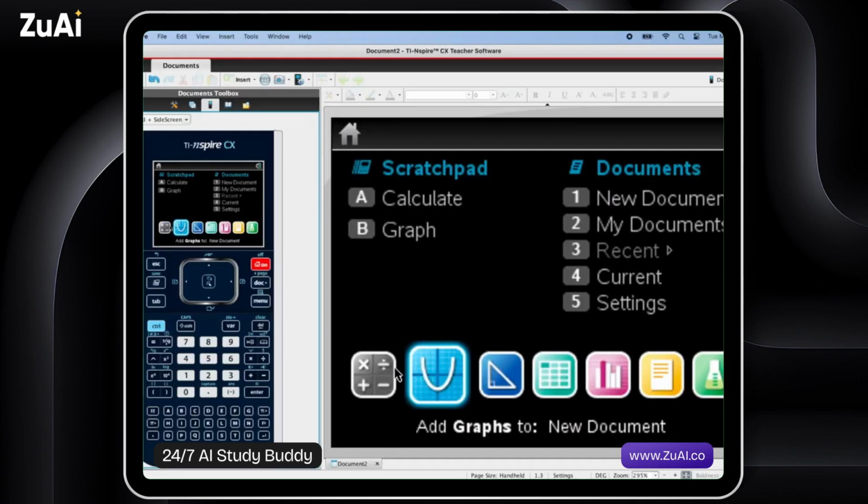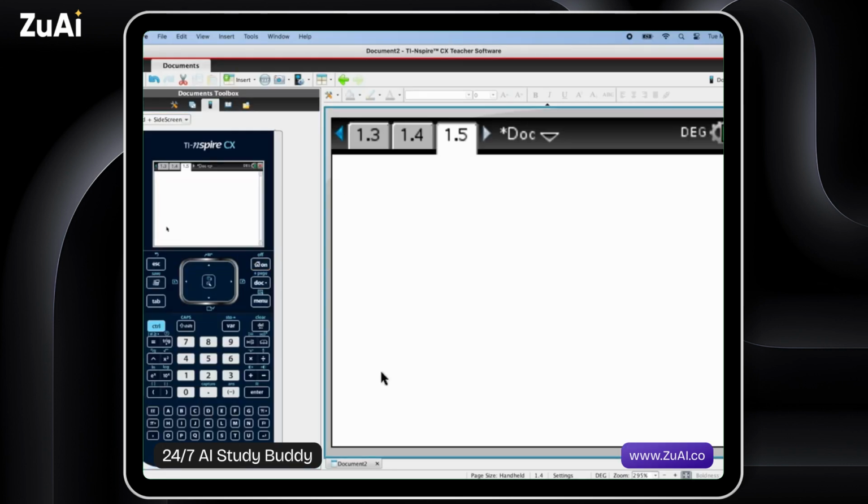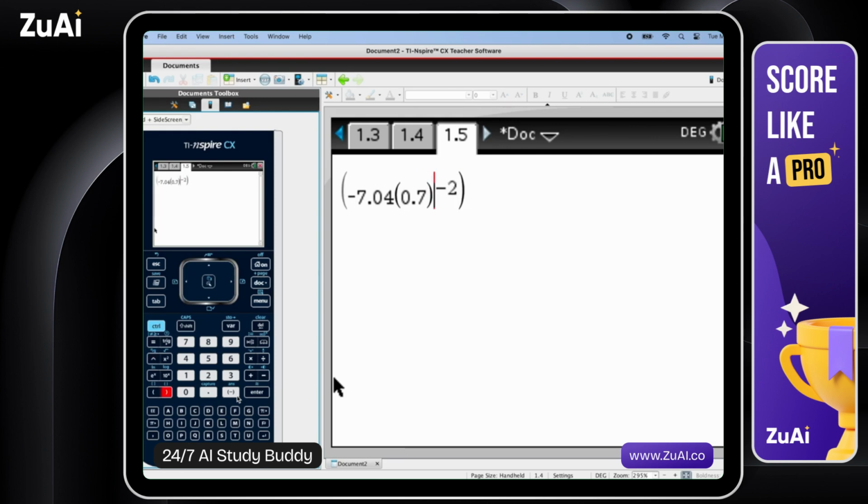This would definitely be one of those questions that you probably want to look over, just to make sure that all of your numbers are correct. Negative 7.04 times 0.7, and we will raise the 0.7 to the power of negative 2. Brackets in this case don't actually matter. This is how I had written it. Essentially you just want the negative 2 applied to the 0.7.